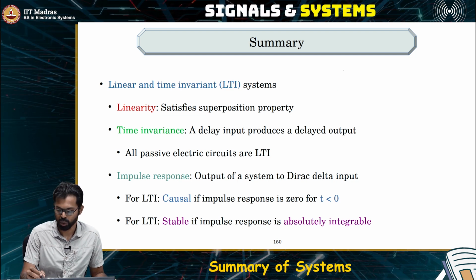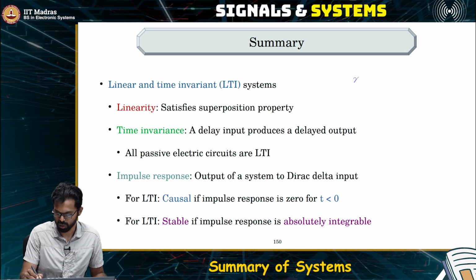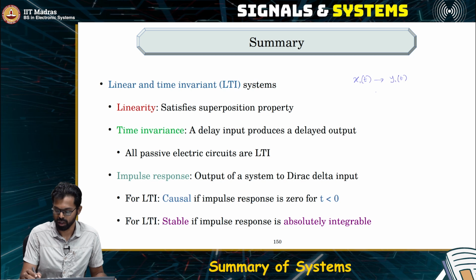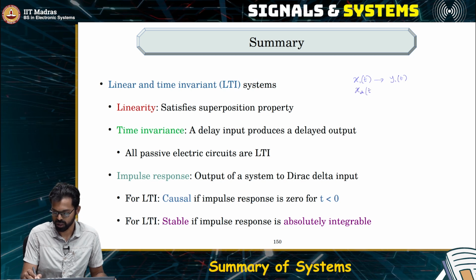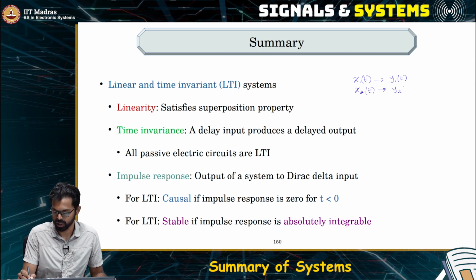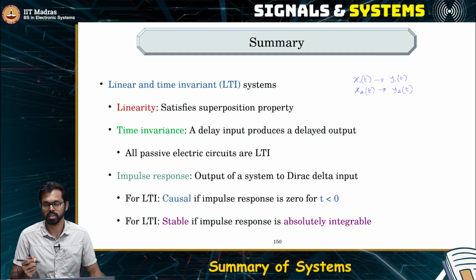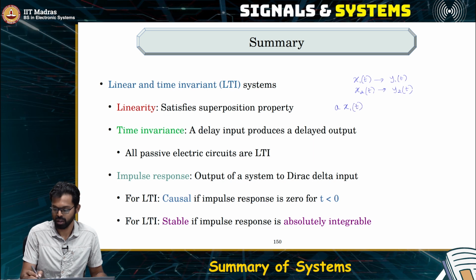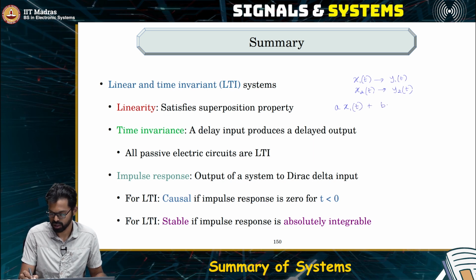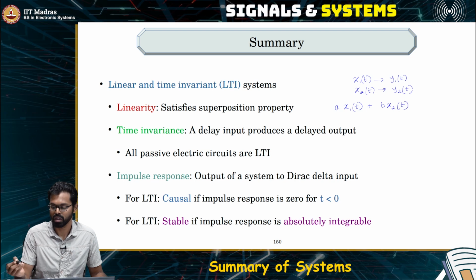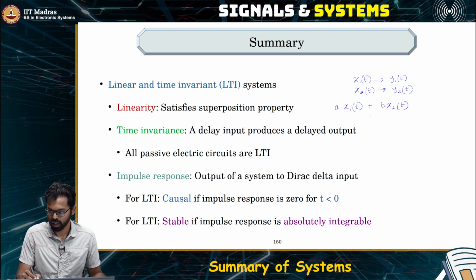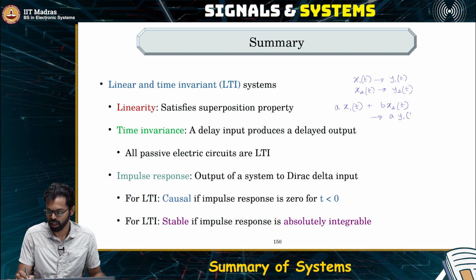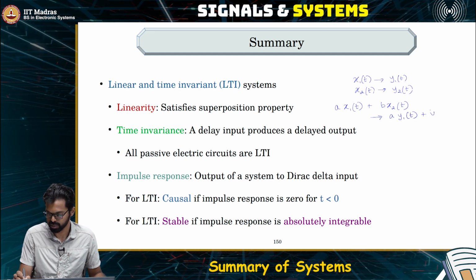If you have a signal x1(t) which produces an output y1(t), and another signal x2(t) which produces an output y2(t), then superposition says that you should be able to scale these two signals with any scalar constants, and it produces a similarly scaled and added version of the outputs.